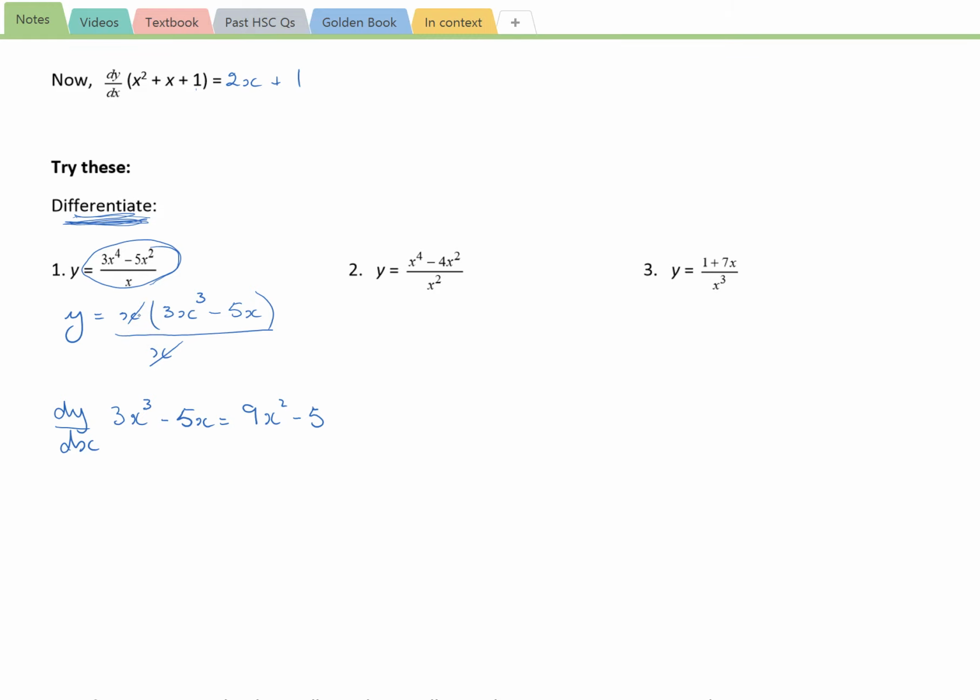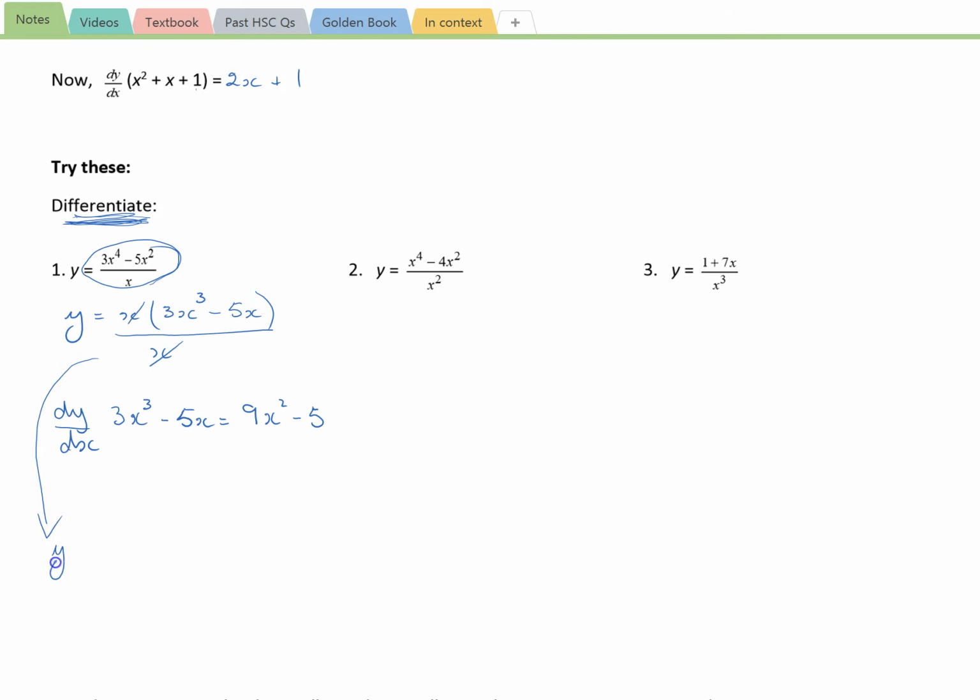And in fact, if you did take out x squared, then you will have a complication. Let me do it and show you why it's a complication.